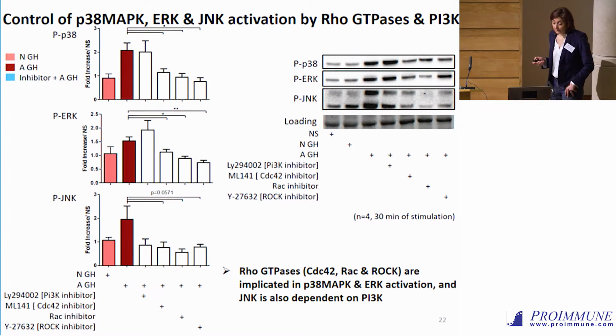And finally, using the same inhibitors, we showed here that Rho GTPases are also implicated in MAP kinases p38 and ERK activation, here and here, but not PI3 kinase. And JNK is also dependent on PI3 kinase.